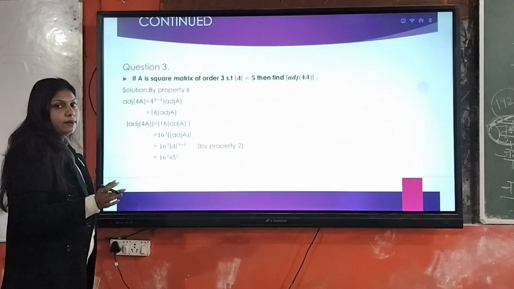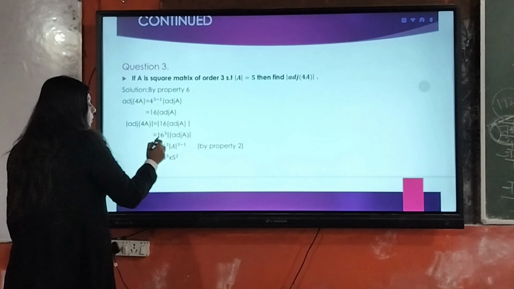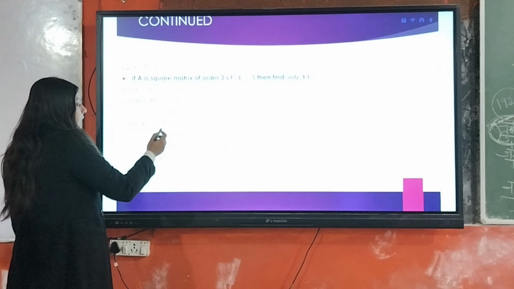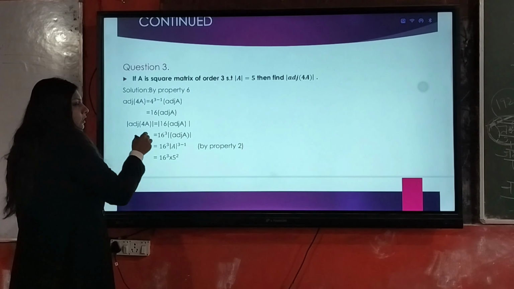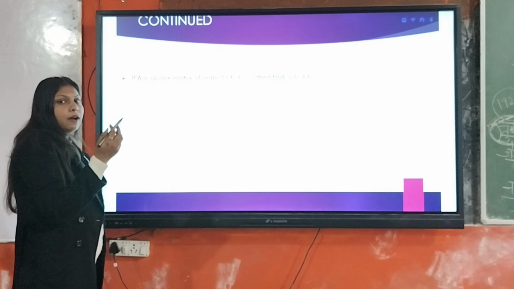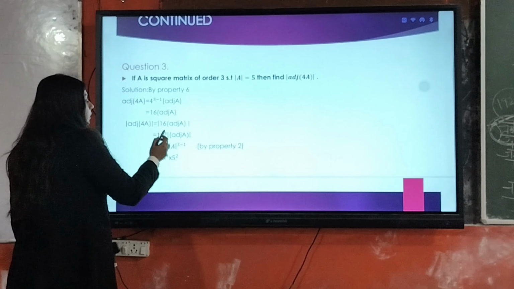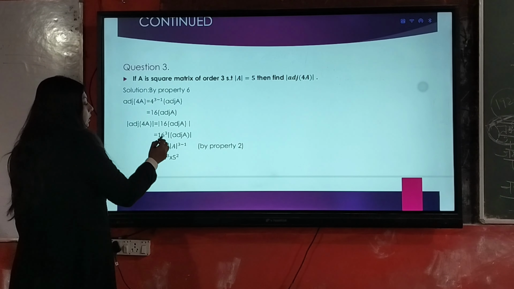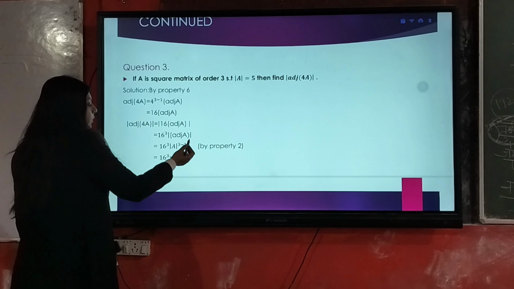This is a property of determinants: if we take any scalar outside of the determinant, the power is equal to the order, and here the order is 3. So 16 to the power 3 times determinant of adjoint of A.